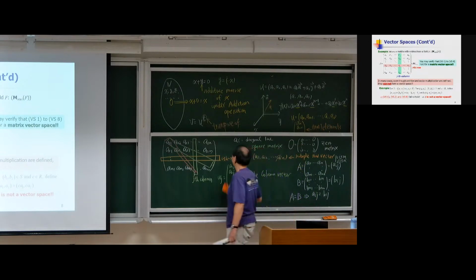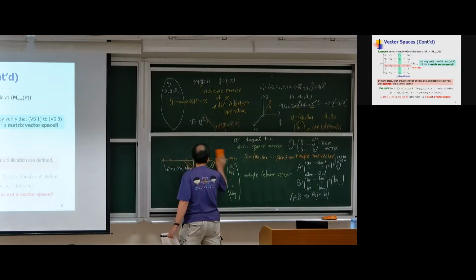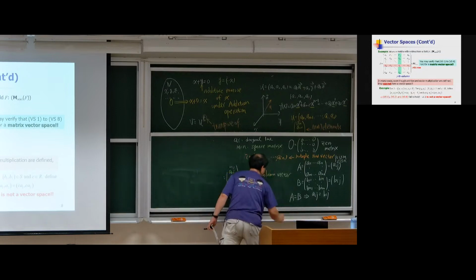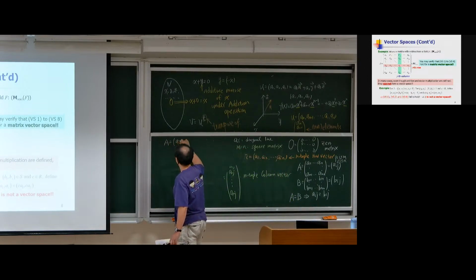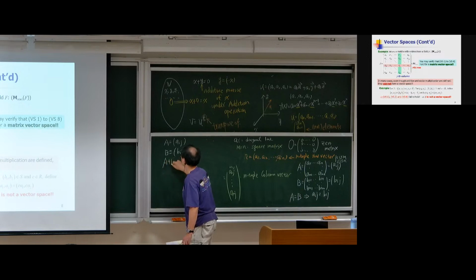So for example, I have two matrices, A and B. Matrix A is represented by Aij, B by Bij, and A plus B will be denoted Aij plus Bij.